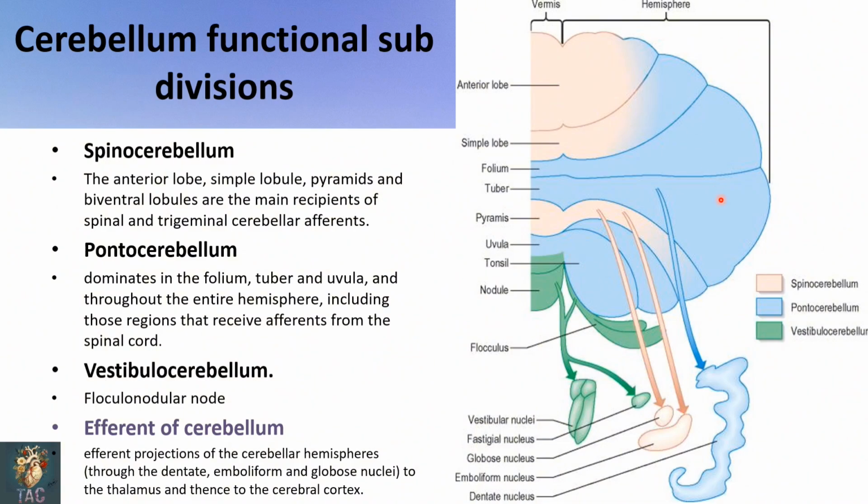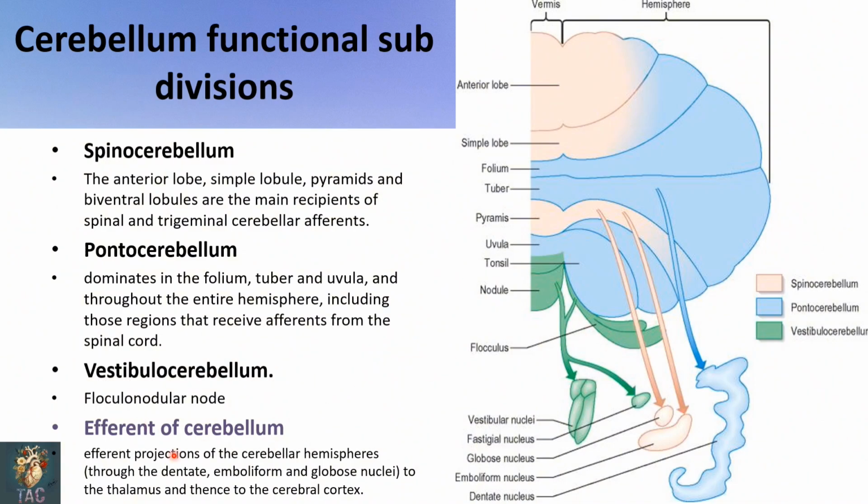So this in the blue color is the pontocerebellum, and this is the neocerebellum. It receives the efferents from the spinal cord. So these are the neocerebellum. The vestibular cerebellum is the oldest of all, and it is formed by the flocculonodular lobe.